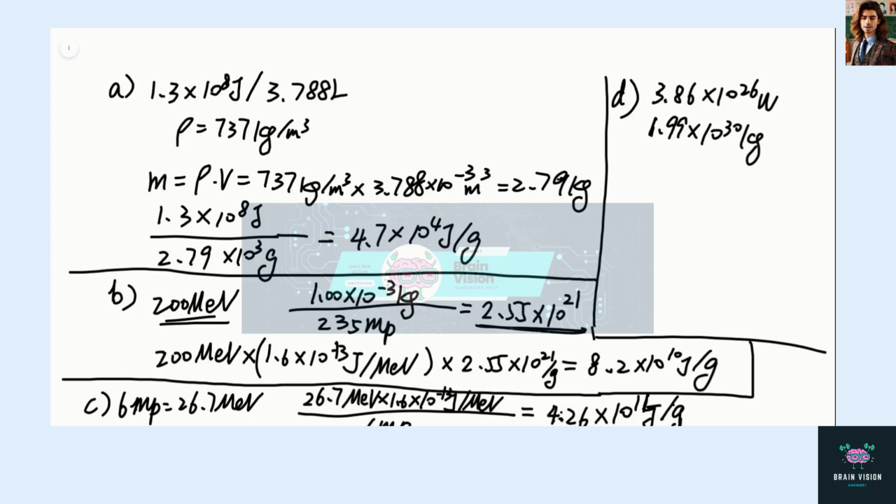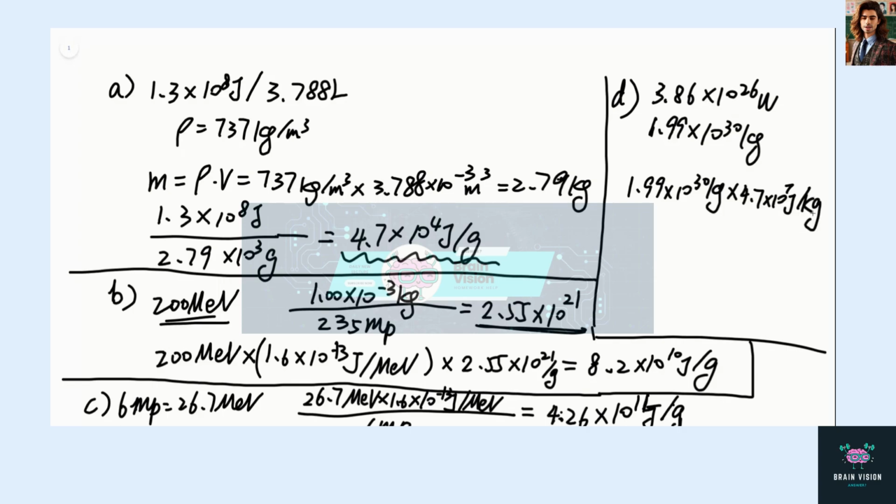So we found that gasoline produces energy at this conversion rate. So 1.99 times 10 to the 30 kilogram times 4.7 times 10 to the 7th joule per kilogram.